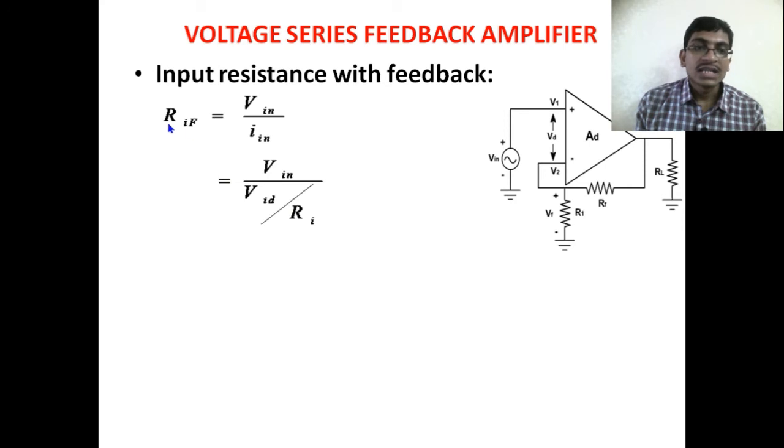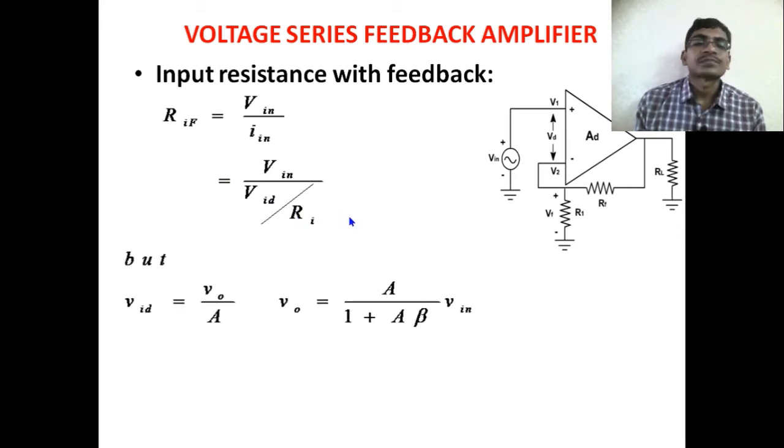Therefore we can write the RIF equation, which is equal to VIN by VID or VD divided by RI. Here VID is nothing but VD only, the differential input voltage, divided by the input resistance of our operational amplifier RI. But we know the differential voltage VD is equal to V0 by A, or else the open loop gain A is equal to V0 divided by VD.